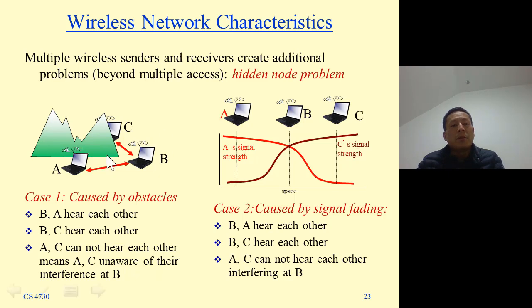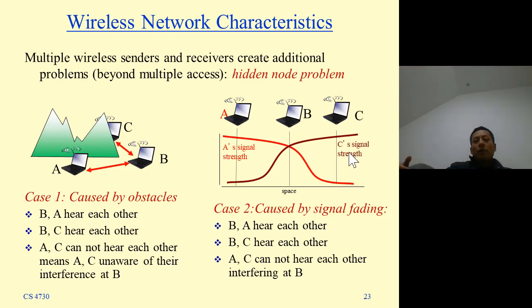So the hidden node problem can be caused by two reasons. The first reason is an obstacle. For example, there's some blockage between A and C. They cannot see each other, okay? Or it can be caused by distance. For example, the signal is fading because A and C are too far away. So the signal from A can arrive at B, but C is too far away, and it cannot see that A is sending, right?